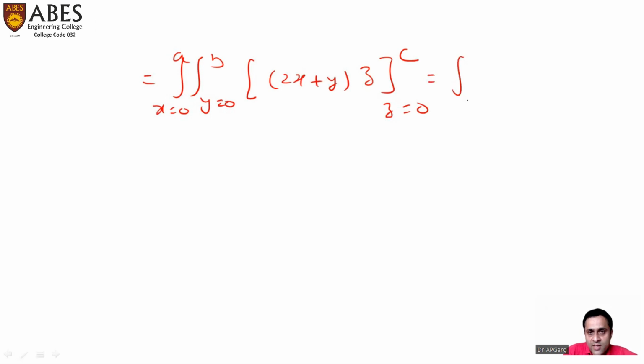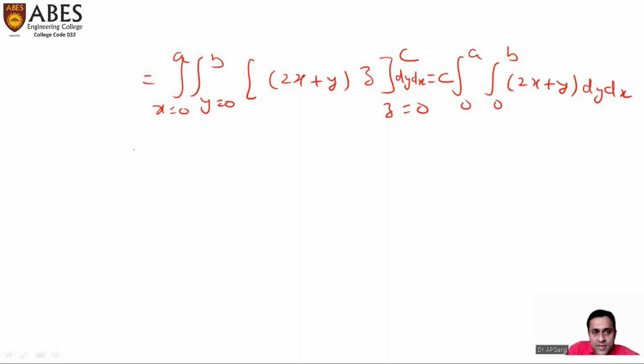So we have limits 0 to a, then 0 to b, and 2x plus y, upper limit minus lower limit, that is c minus 0, and since it is constant, it will go outside the double integral, and we have dy dx also.